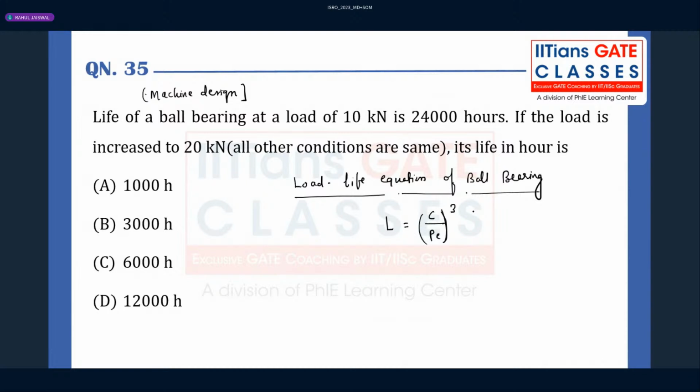So we can write L1 into P1 cube equal to L2 into P2 cube, because the C value will be the same. L into P cubed is equal to C cubed. This C cannot change unless you change the bearing. That is the dynamic load capacity.